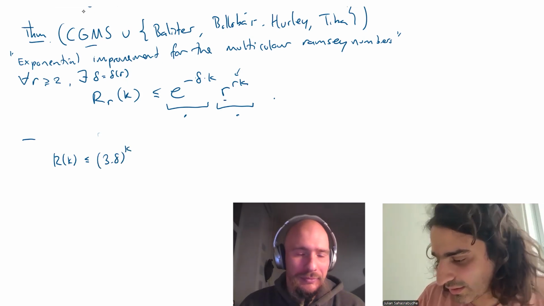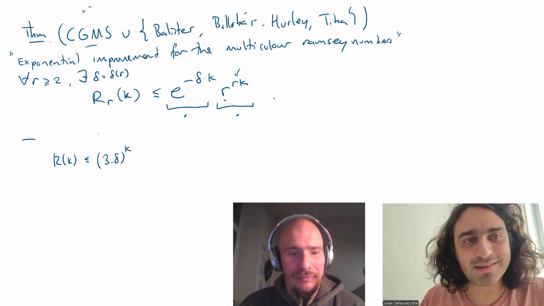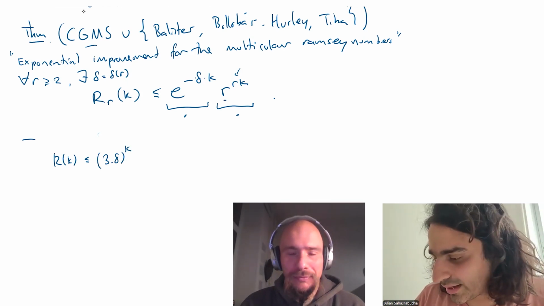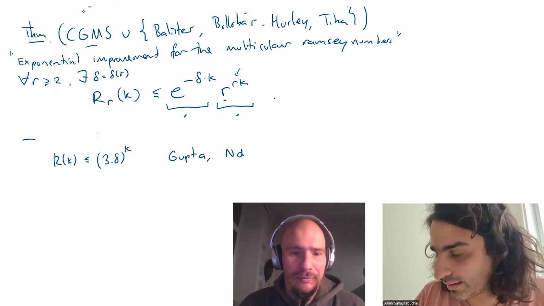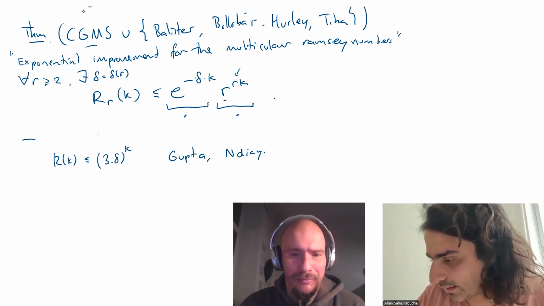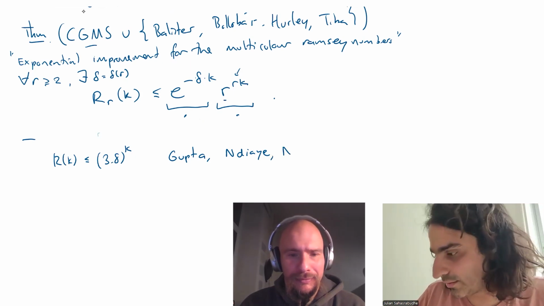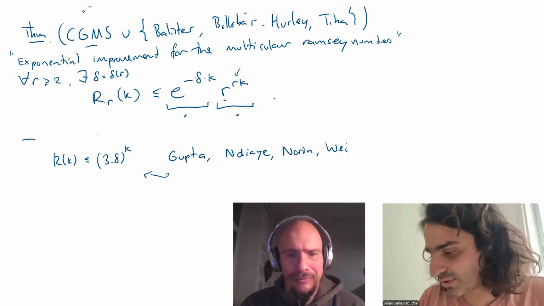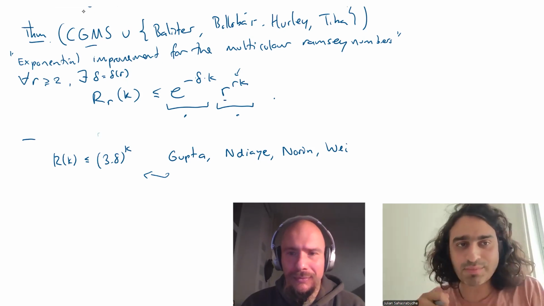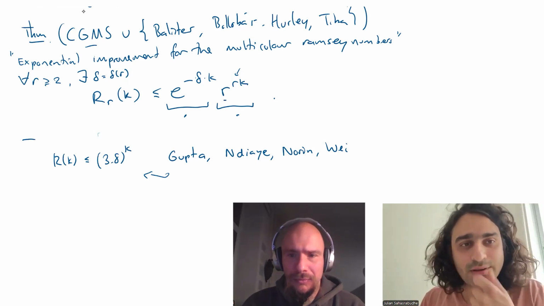That got R(k) to almost 3.8 to the k, by Gupta, Ndiaye, Norin, and Wei. So this was actually them working on optimizing our first paper.